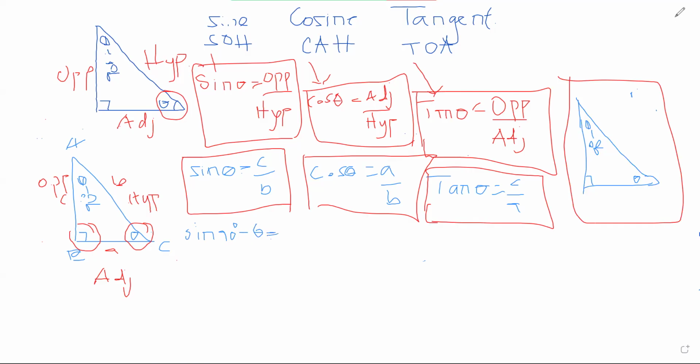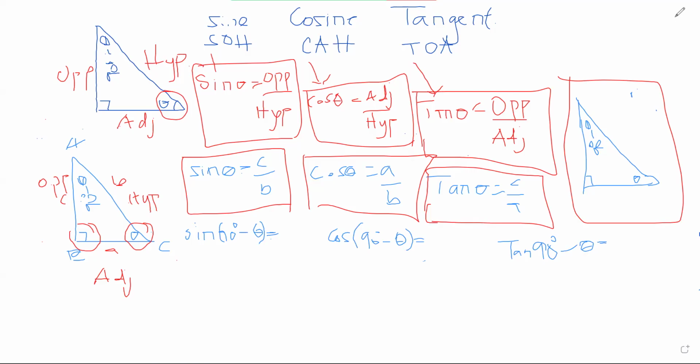So sine of 90-degree minus theta. Then we're going to be having cos, let's put this into bracket to make it more organized, cos, open bracket, 90-degree minus theta. And then the last one, which is going to be tan 90-degree minus theta.